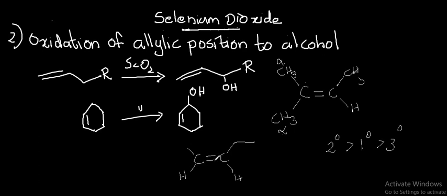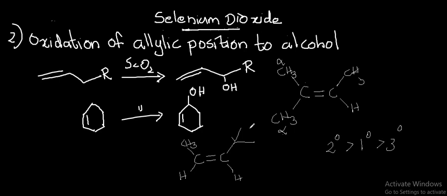Both sp2 carbons are similarly substituted, and here this alpha carbon is CH3, that is primary, and this is CH2 CH3. This is CH3 whereas this is CH2. Then which carbon will get oxidized? Of course, CH2 will get oxidized into alcohol.